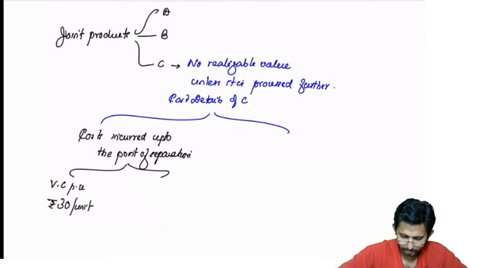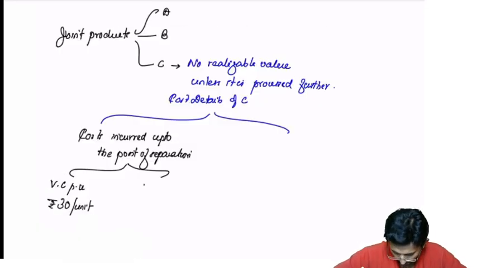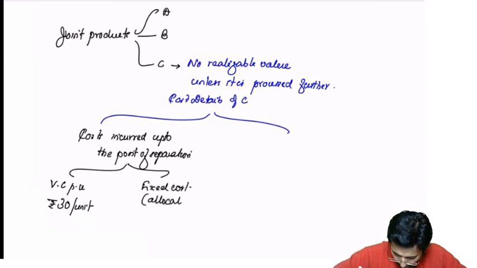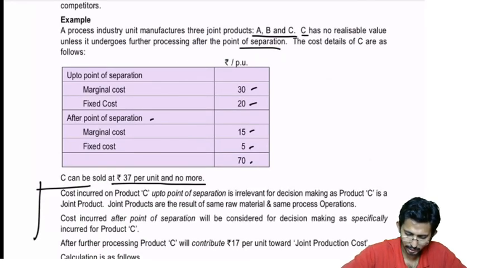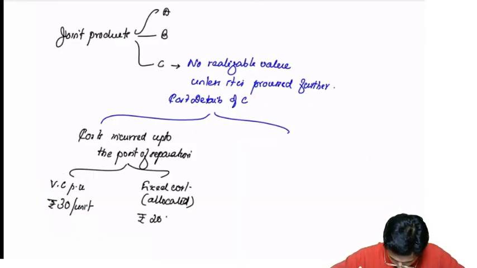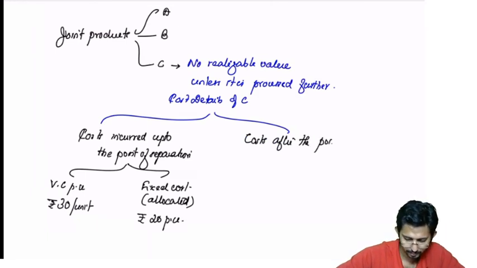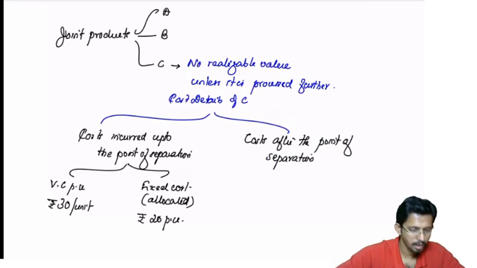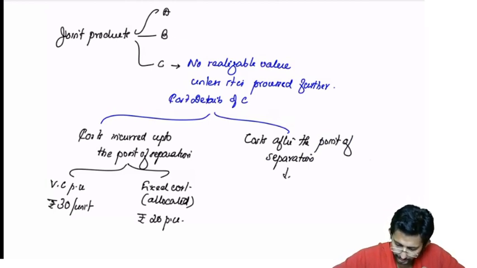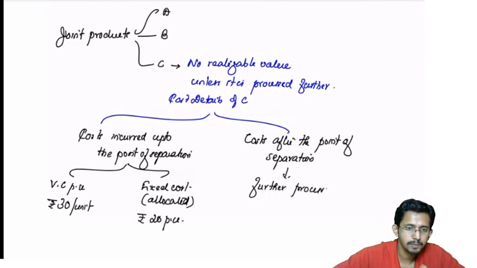Or fixed cost per unit, which is allocated. How much is it? 20 per unit. Now the cost after the point of separation. Why is this cost incurred? It is incurred for further processing.